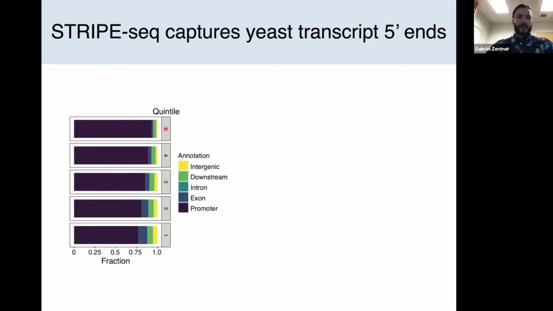We've broken down the transcription start sites by their normalized signal, their strength. We find that the vast majority of TSSs, regardless of their strength, can be found in annotated promoter regions, though the promoter fraction is higher for stronger TSSs, with weaker TSSs slightly less likely to be associated with promoters.